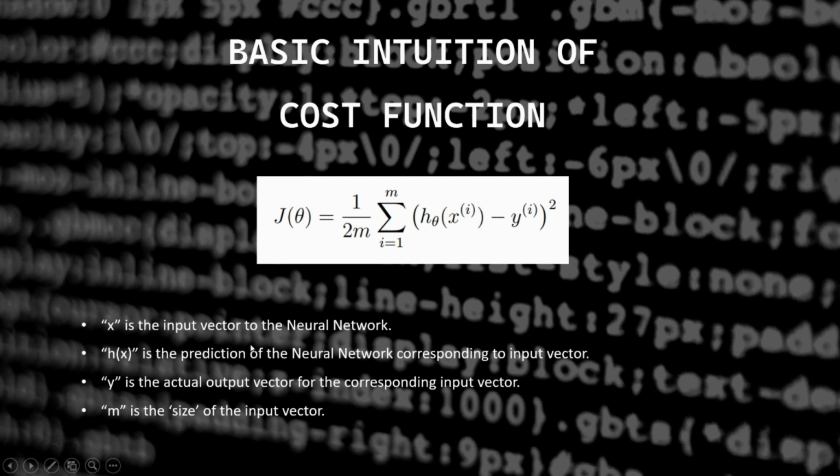Here x denotes the input vector of the neural network, h(x) denotes the prediction of the neural network according to the input, y denotes the label, that is, the actual desired output of the neural network, and m is the size of the input vector.